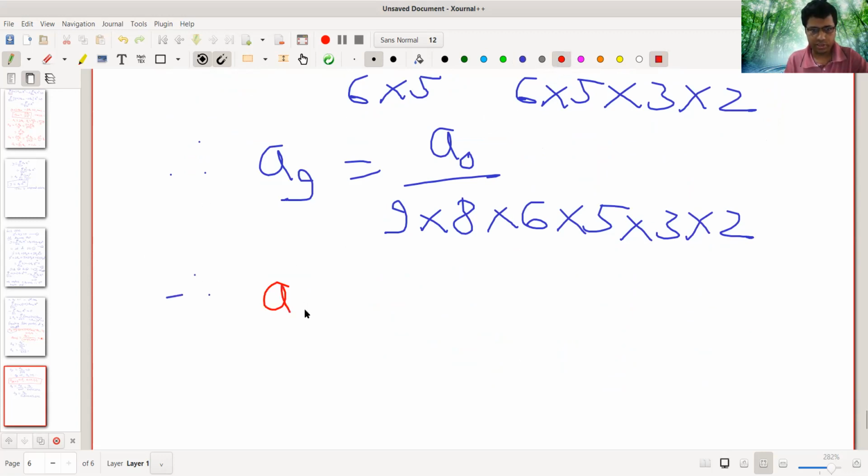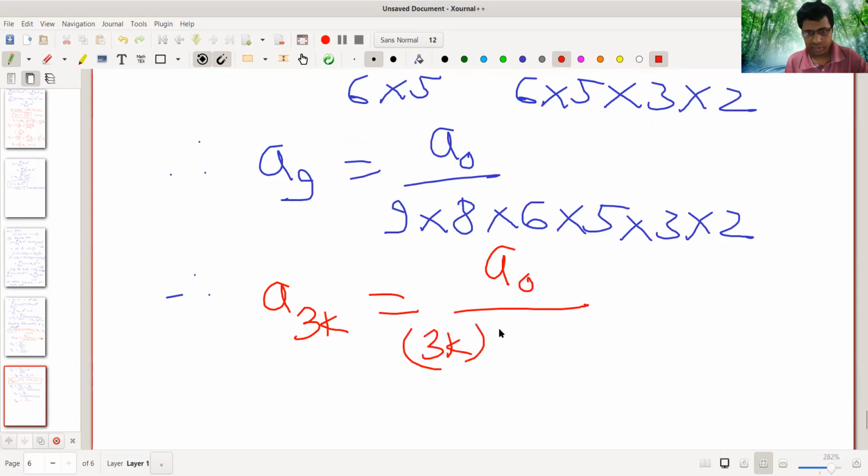So in general, A suffix 3k equals A0 divided by 3k, then 3k minus 1. Then there is a gap. 3k minus 2 will not be there. 3k minus 3 will be there.